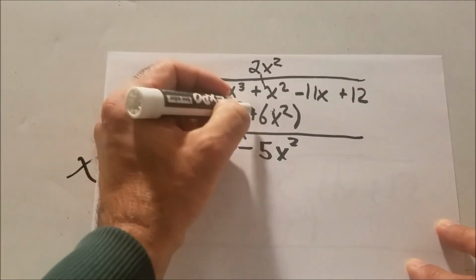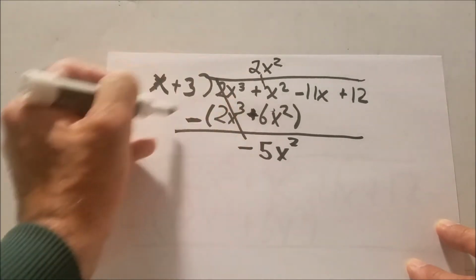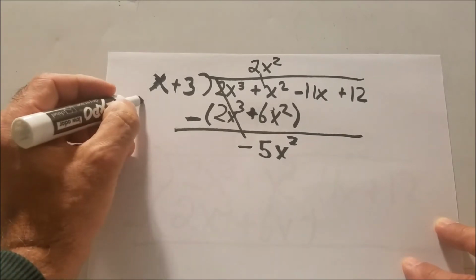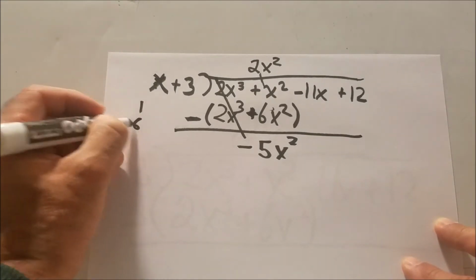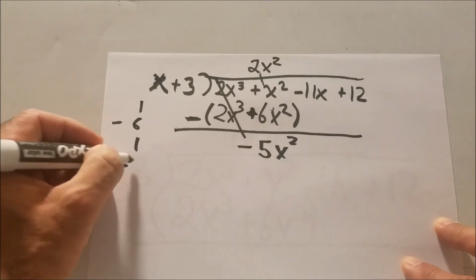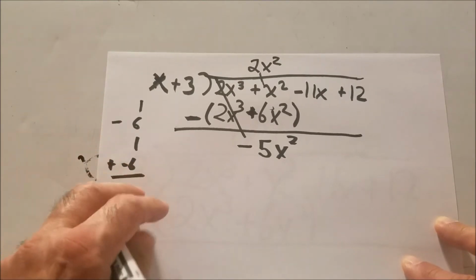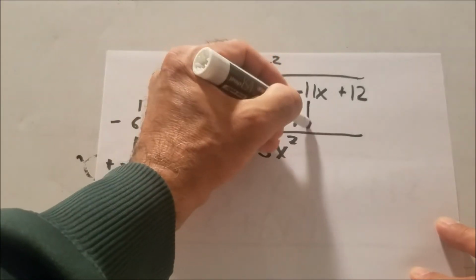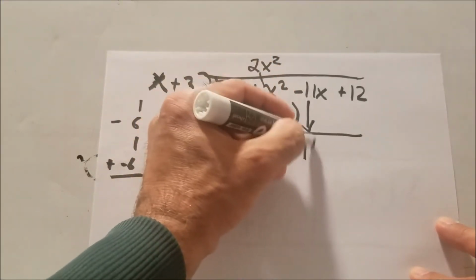The reason the plus is here is because it's a positive number, 1 minus 6. And again, 1 minus 6 is actually 1 plus negative 6, right? So we have negative 5x squared. And just like division, we're going to bring the next term down.